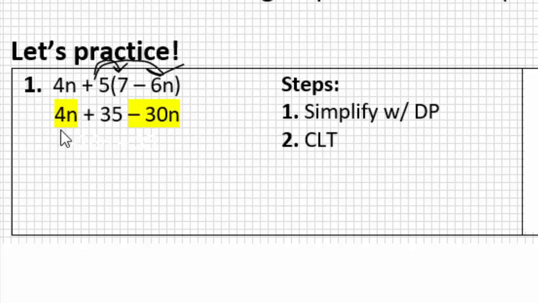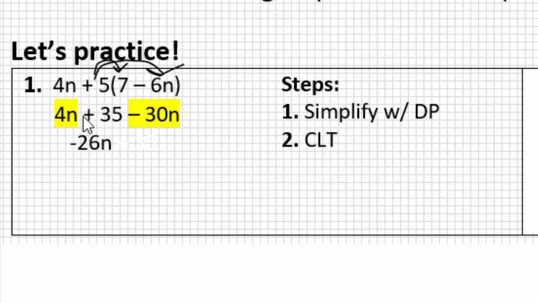So what am I going to get when I combine 4n with negative 30n? And combine, just like it sounds, means to put together, to add. So what is 4 plus a negative 30? You said negative 26n. I agree with you.